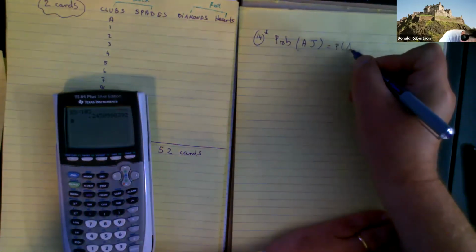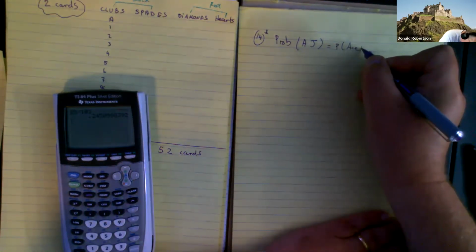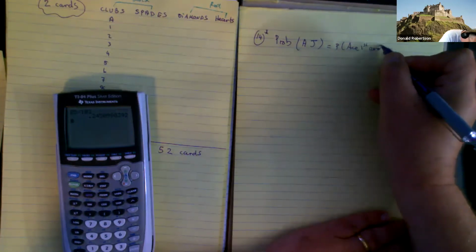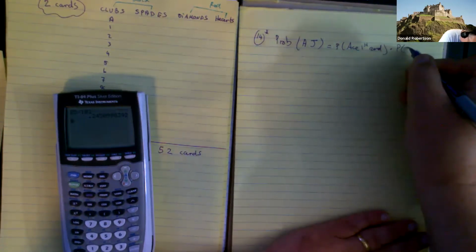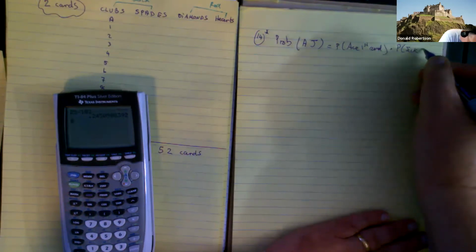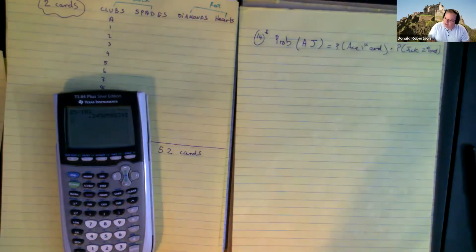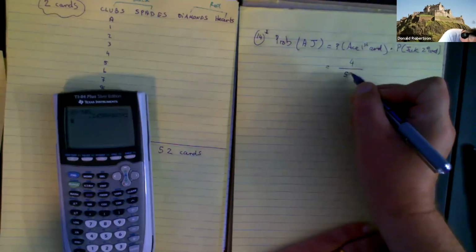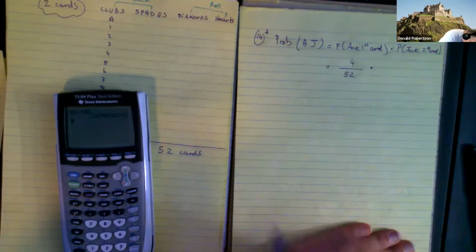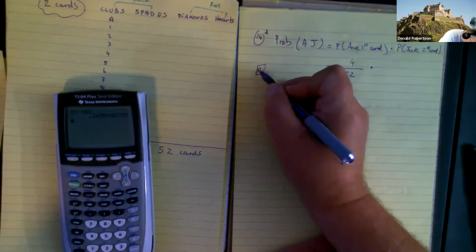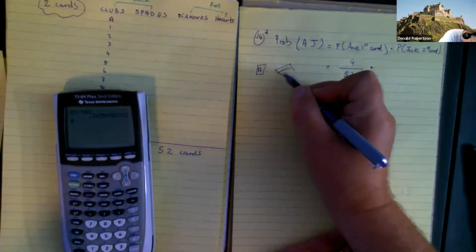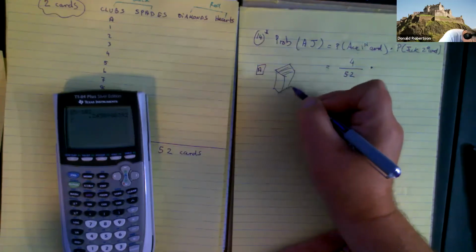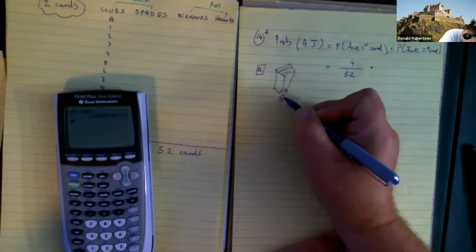So the probability you get an ace on the first card times the probability that you get a jack on the second card. Right? Do you notice that it's first guy times second guy, right? That doesn't change. Now, there are 4 aces in a deck, so 4 out of 52 done. And I'm going to do my little visualization. There's my ace. Here's my deck of cards. Isn't there 51 cards now?